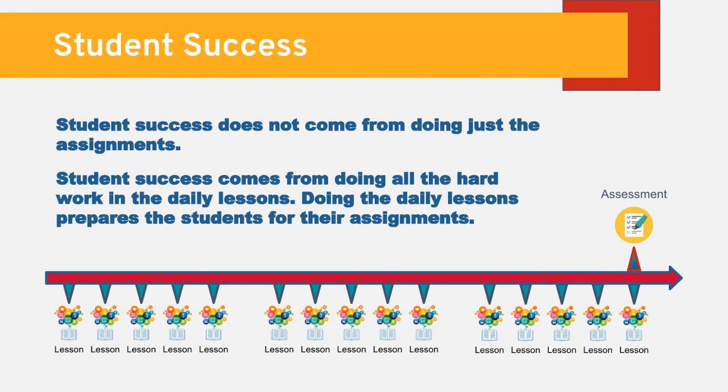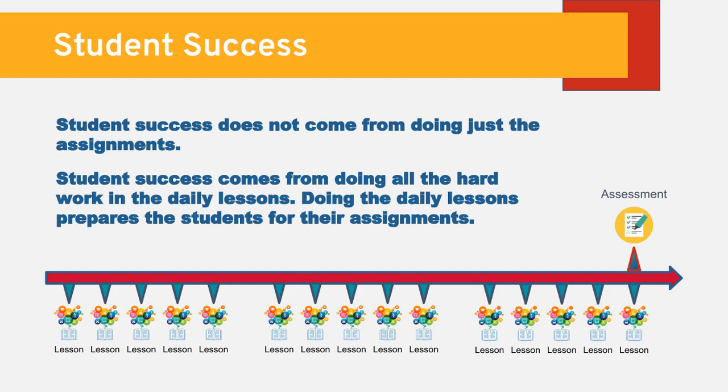The purpose of student engagement is to promote student success. We also know that student success does not come from doing just the assignments. Student success comes from doing all the hard work in the daily lessons. By being engaged, participating in activities, and completing the daily lessons, the student is prepared for their assignments.